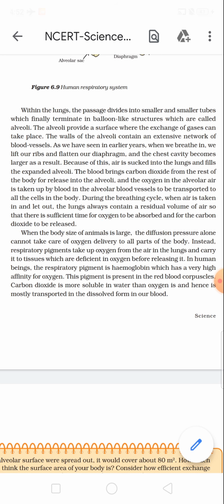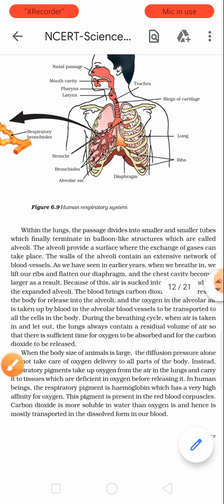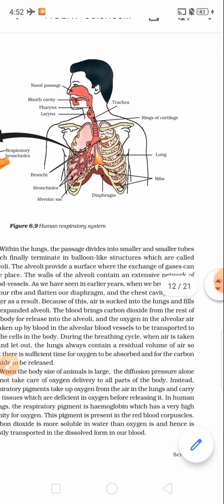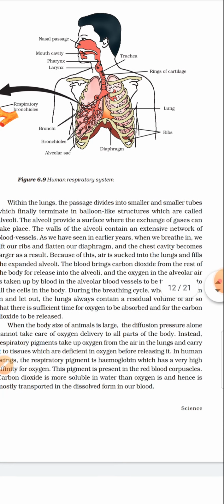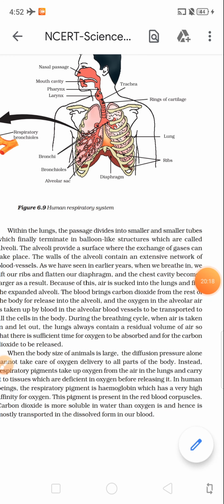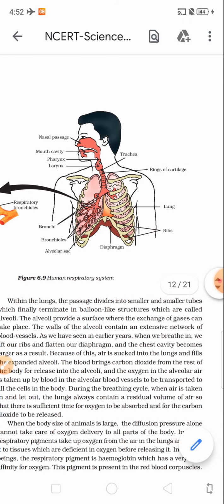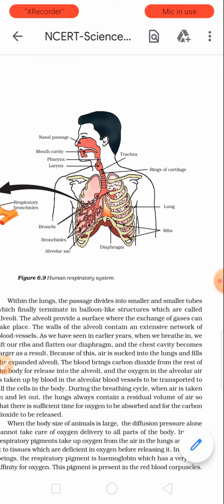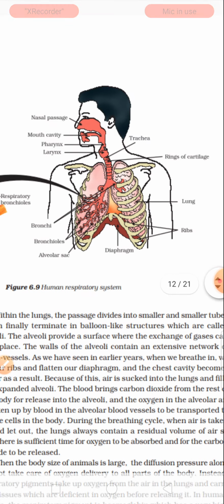So this is all about our respiratory tract, about the various pathways of the respiratory system. Again I'll just revise quickly.